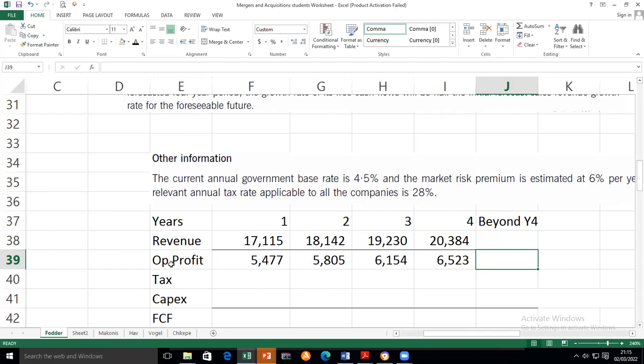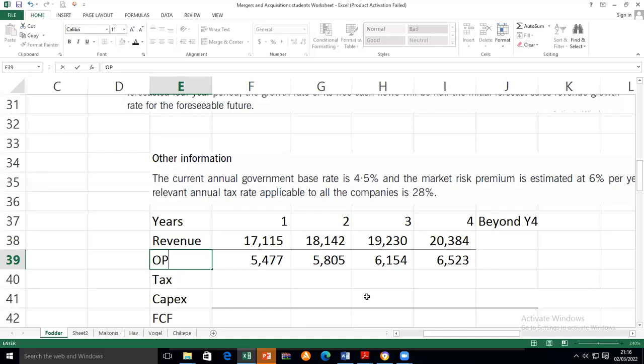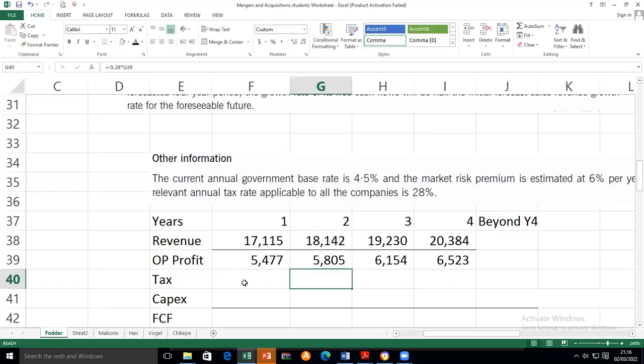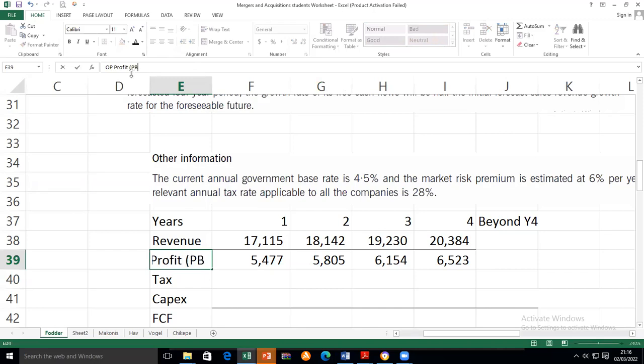Lesson: the figure that you need to convert into a free cash flow is operating profit. And you may remember that the other term for operating profit in your income statement is profit before interest and tax.